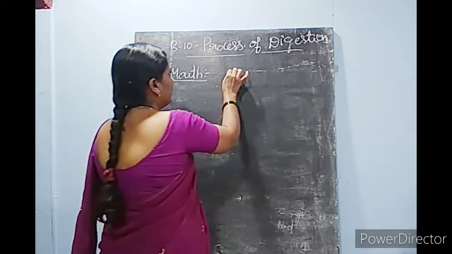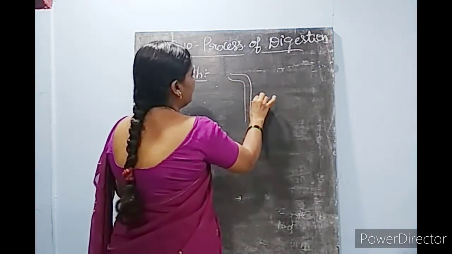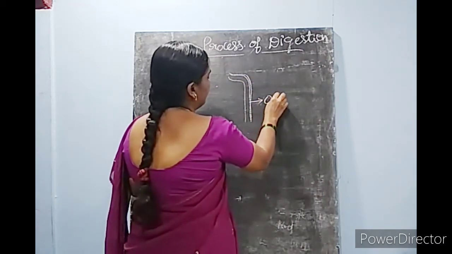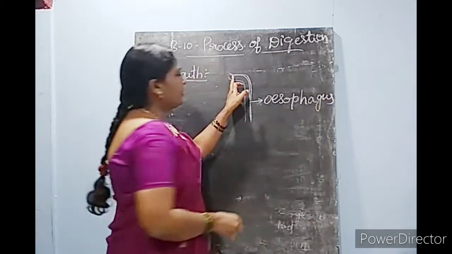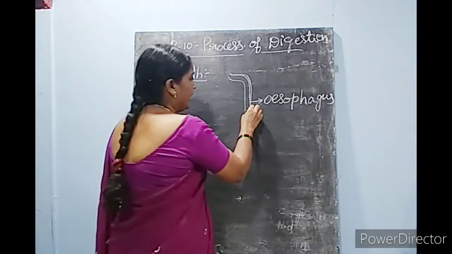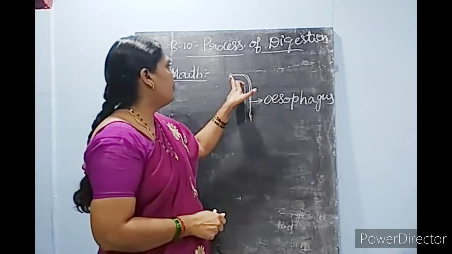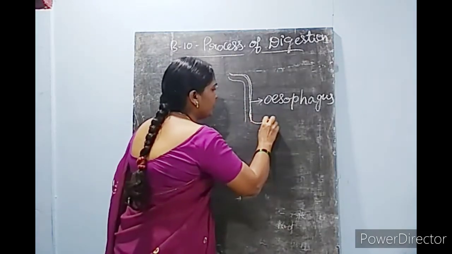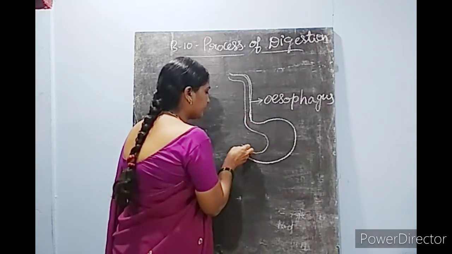After swallowing, the food enters into the food pipe, which is also called the esophagus. The esophagus only helps to send the food from the mouth to the stomach. So from the esophagus, the food enters into the stomach.